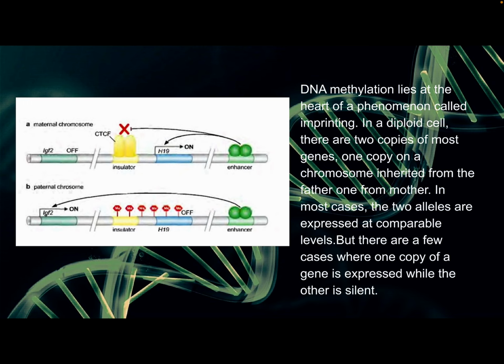The enhancer cannot activate the IGF2 gene on the maternal chromosome because on that chromosome the insulator binds a protein known as CTCF that blocks the activators at the enhancer from activating the IGF2 gene. On the paternal chromosome, in contrast, the insulator element and the H19 promoter are methylated.